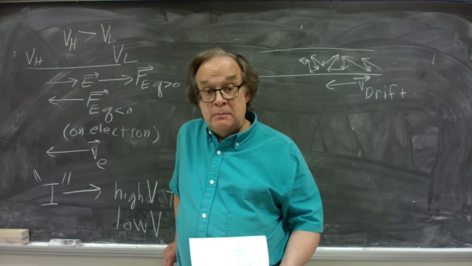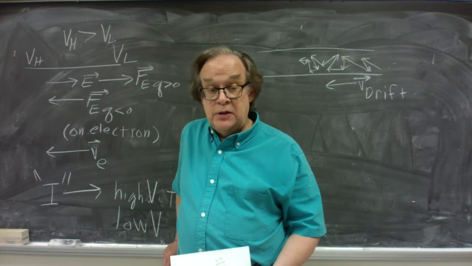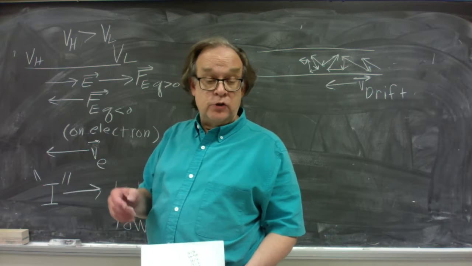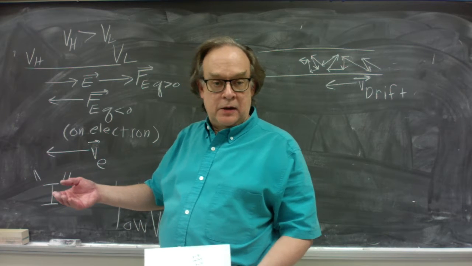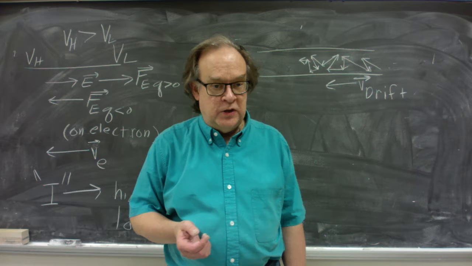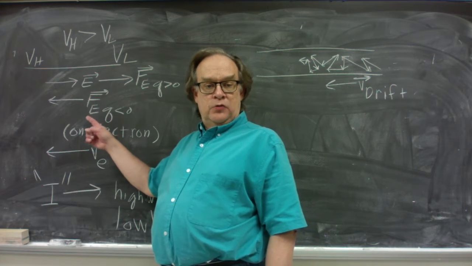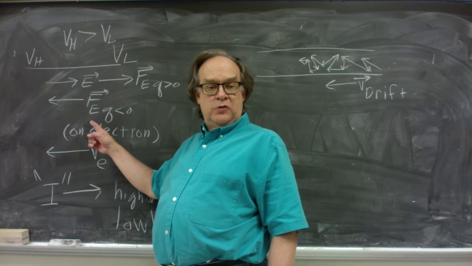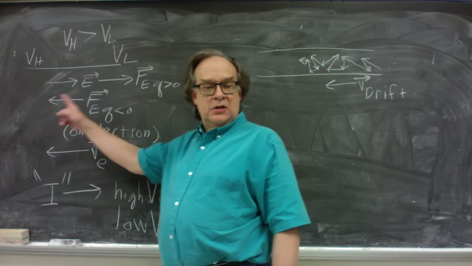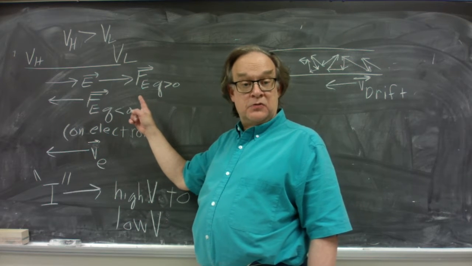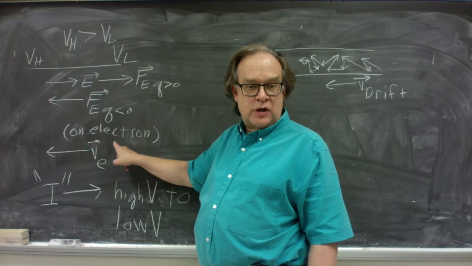They can be pulled off their home atom quite easily, and once they're pulled off, they're more or less free to move about. They can be pushed around by a force that comes from an electric field. And being negatively charged, the force on them points opposite to the force that a positive charge would feel. So this is the force that acts on electrons.